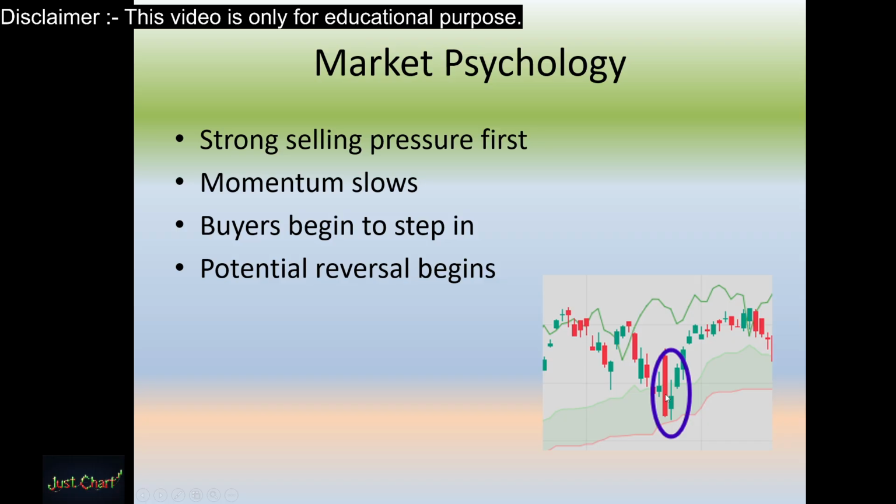Here the volume is more, and in this green candle the volume is low, so the momentum slows down. Buyers begin to step in, and because of that the price jumps from this bottom. Here the buyers are stronger, and this is the potential reversal beginning. But we cannot rely on only these two candles. This is the first signal. We can say that yes, there may be a reversal coming up.